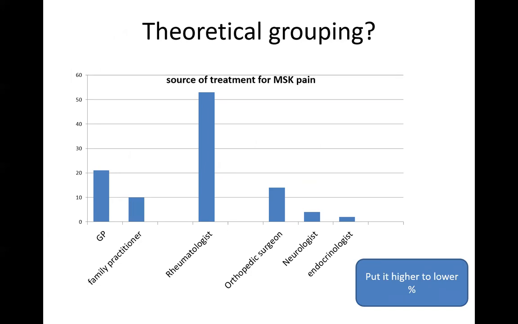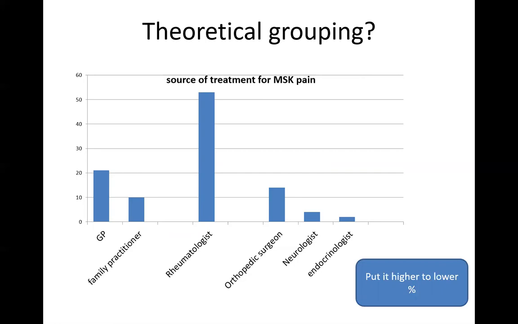The people answered as a general practitioner, family practitioner, rheumatologist, orthopedic surgeon, neurologist, and endocrinologist. One way of putting them in a table or in a graph is from highest to lowest, starting with rheumatologist, then GP. When you talk about it in the results, you would say that the most common source of treatment is the rheumatologist, which is really good, followed by the others.